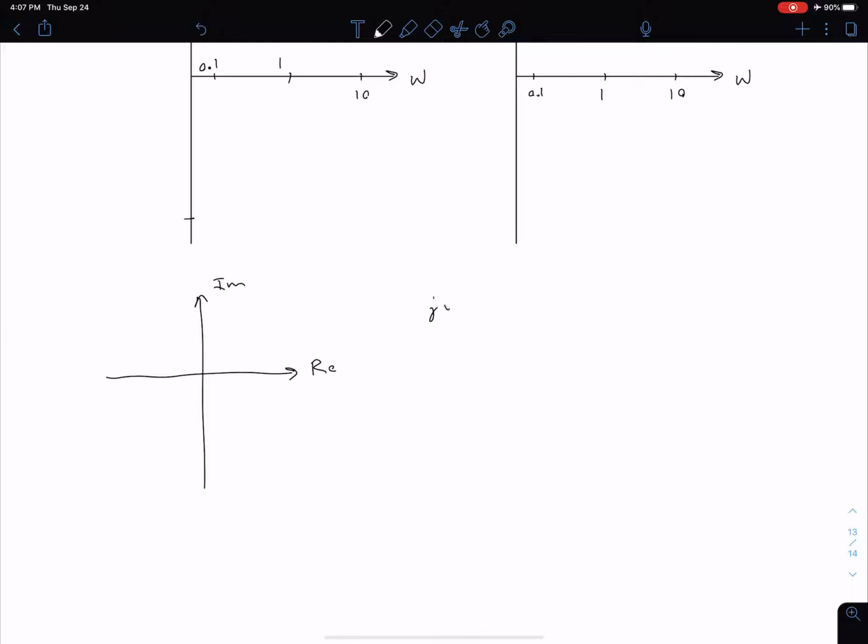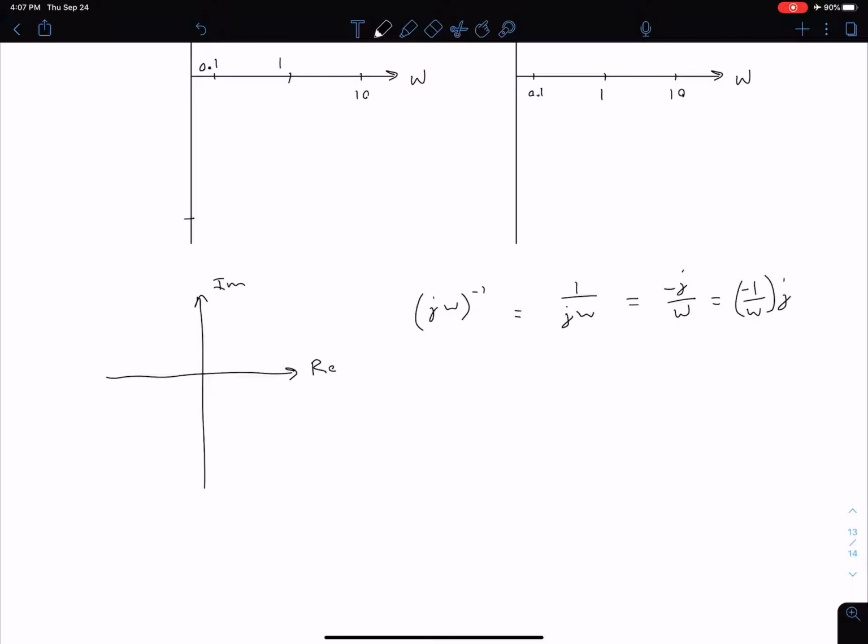And we have j omega to the minus 1, which is, of course, 1 over j omega. Now, we can show that 1 over j equals negative j. So this is actually negative j divided by omega. Or to make it really clear, we can say this is negative 1 over omega times j.